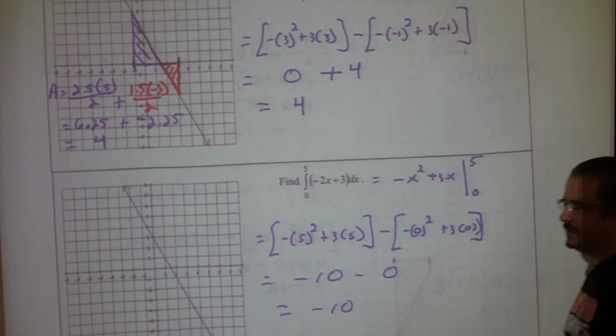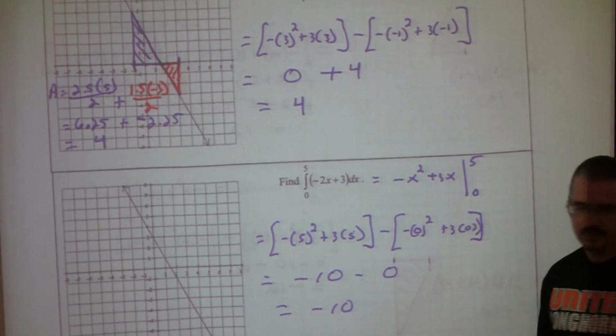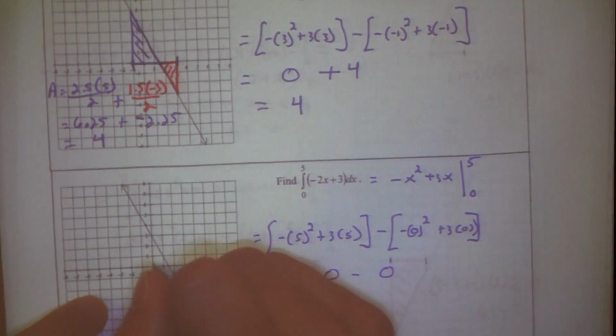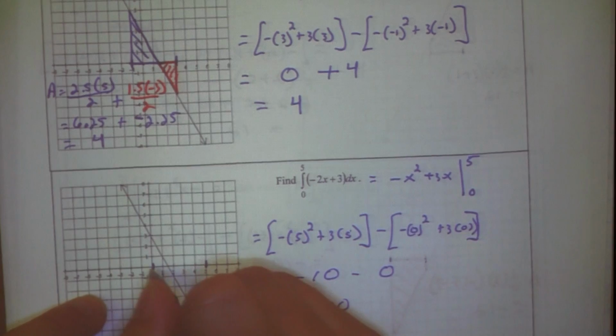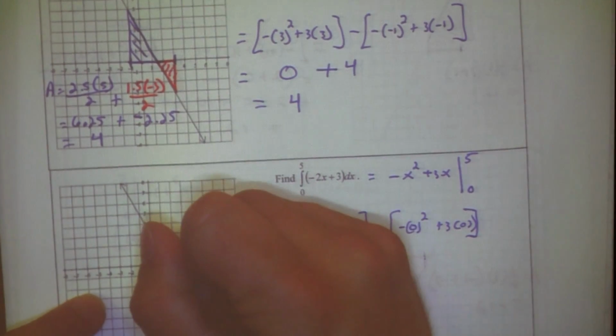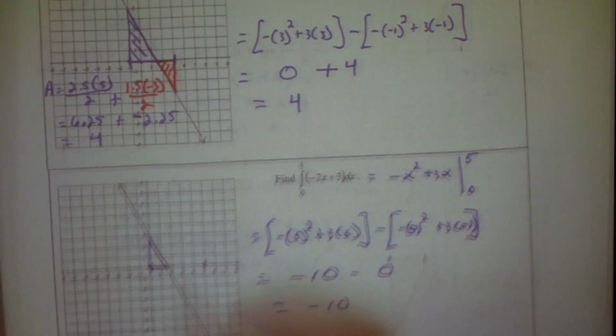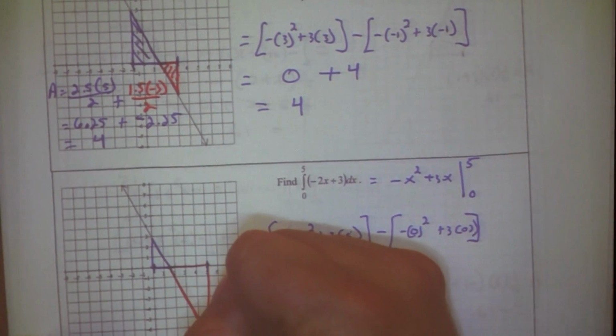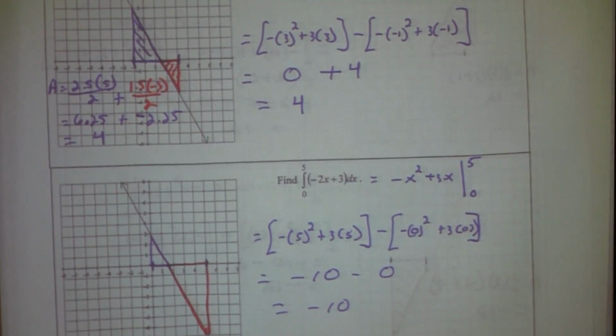This one is probably going to be predominantly where? Below the intersection. Let's check. From 0 to 5. Got this little space right here. And then we got this big space right here. Cool.